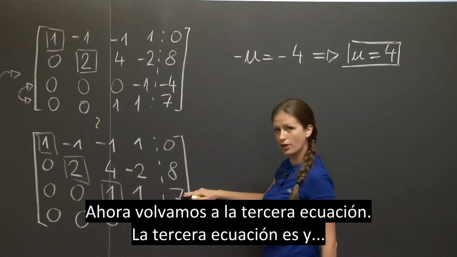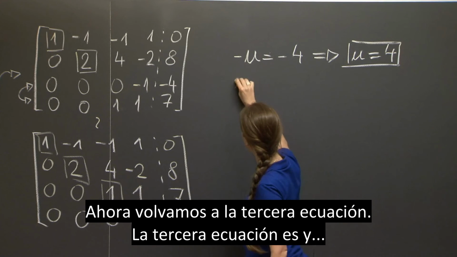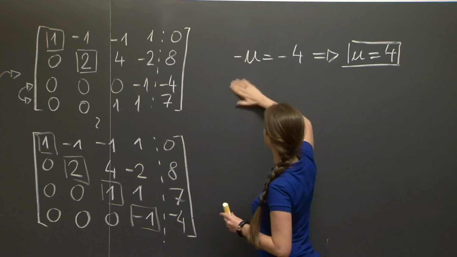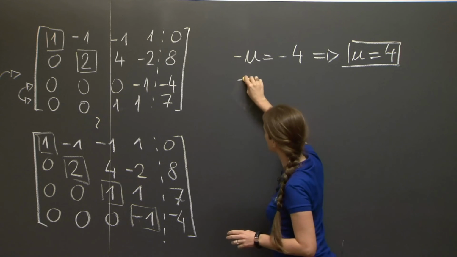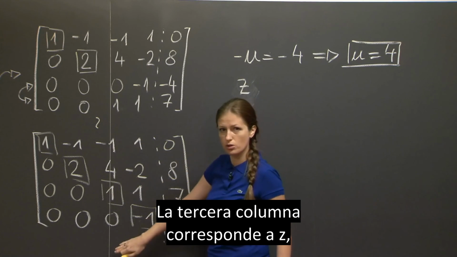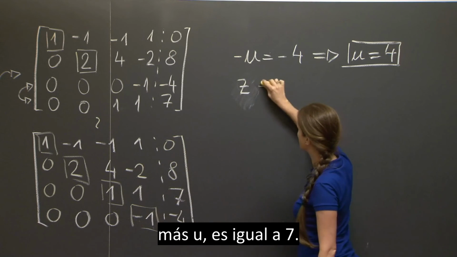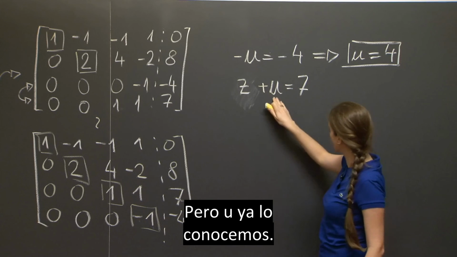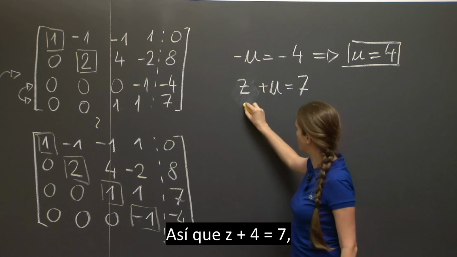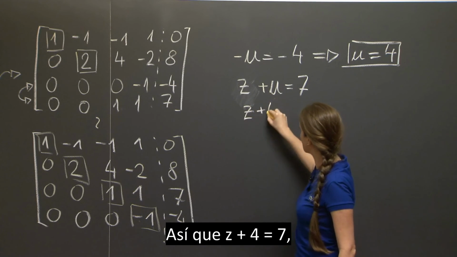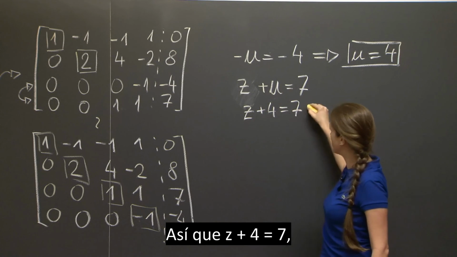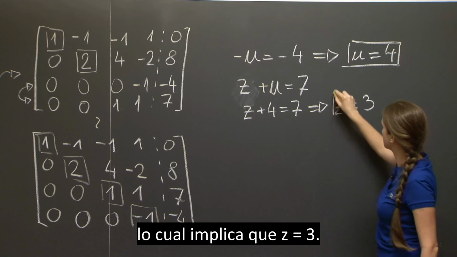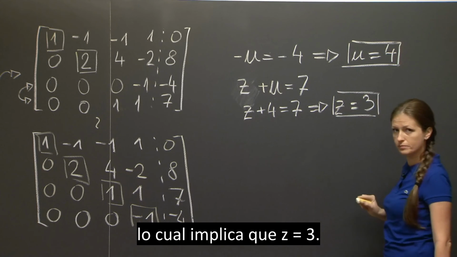Now let's go back to the third equation. The third column corresponds to z, so the equation reads z plus u equals 7. But we know what u is now. So it reads z plus 4 equals 7, which just becomes z equals 3.